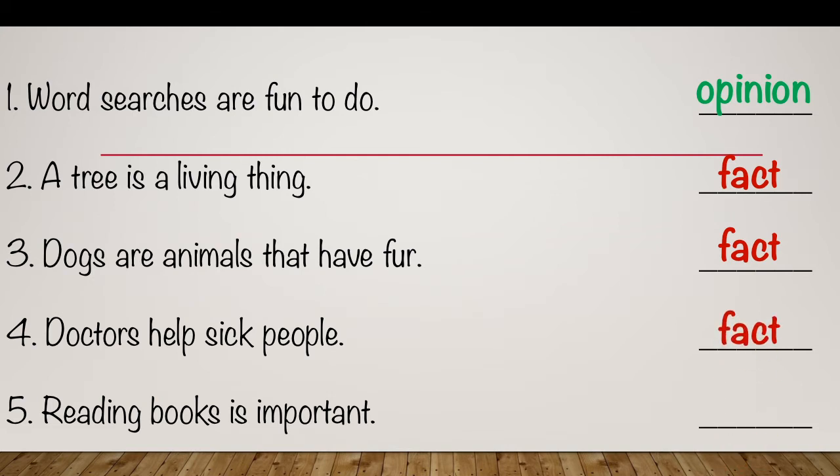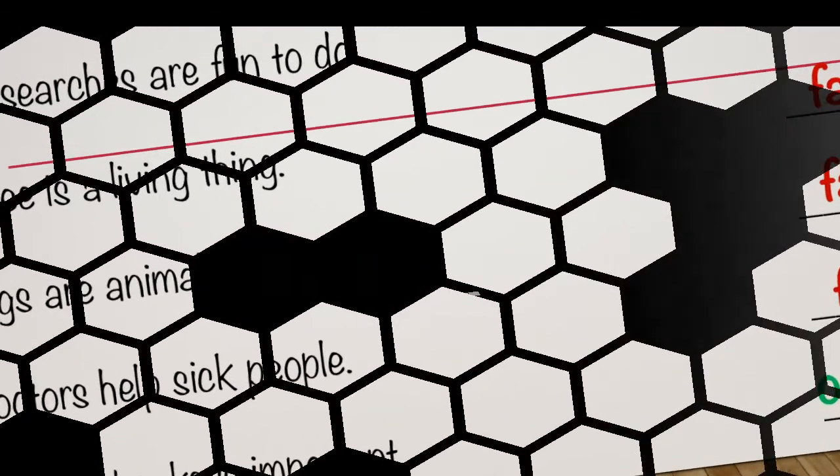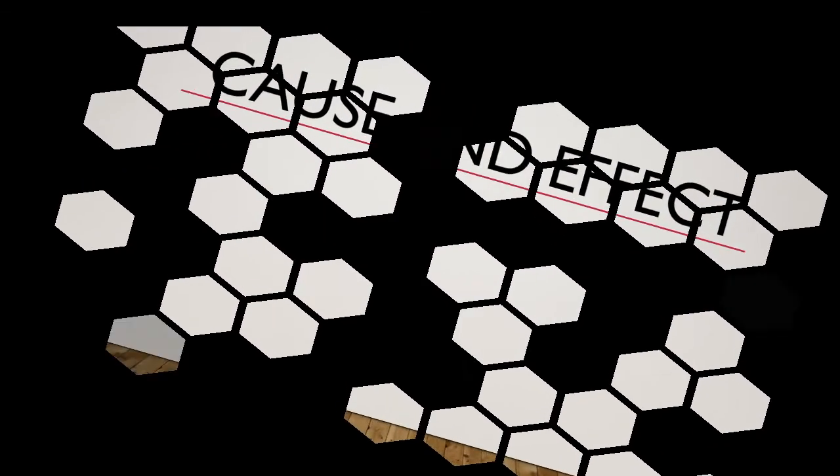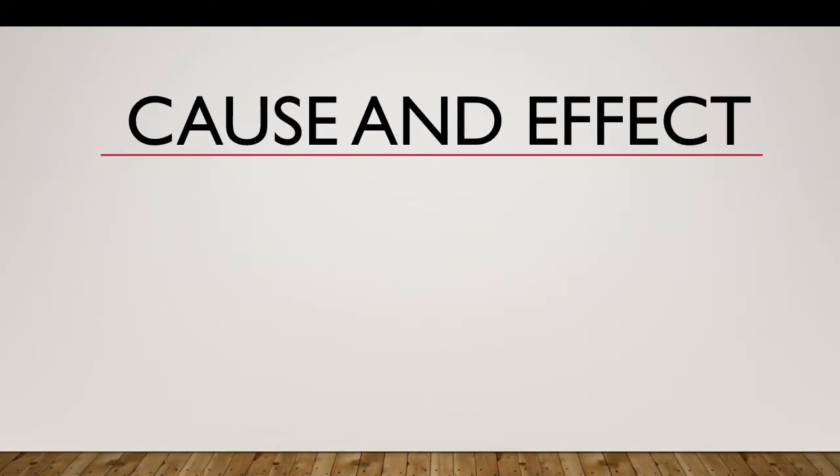It's a fact because that's the job of a doctor to help sick people. Number 5, reading books is important. It's an opinion because some people think, yes, it is important, and some people say, no, it is not. So that's fact and opinion. The next reading skill will be cause and effect.